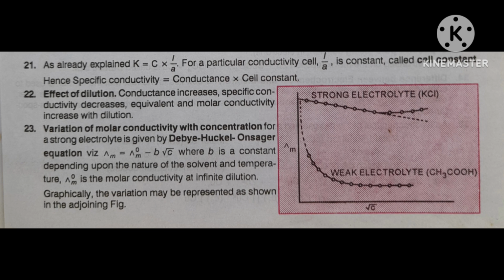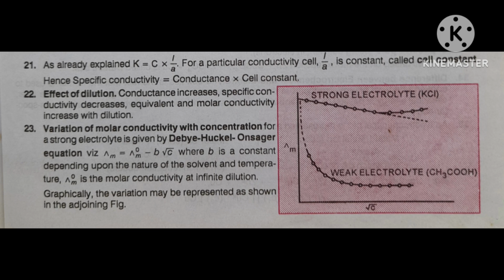And for weak electrolytes, their molar conductivity will be very low. I told you the example of acetic acid, because the graph is taken with KCl as the strong electrolyte and acetic acid as the weak one. See how the molar conductivity is very low for the weak electrolyte.